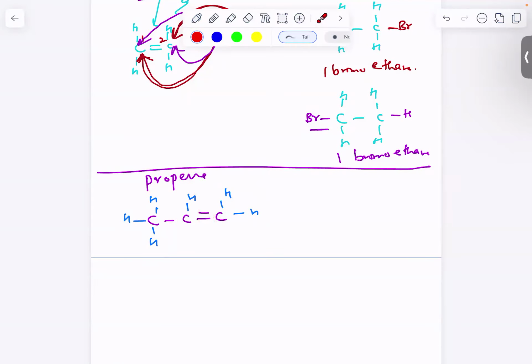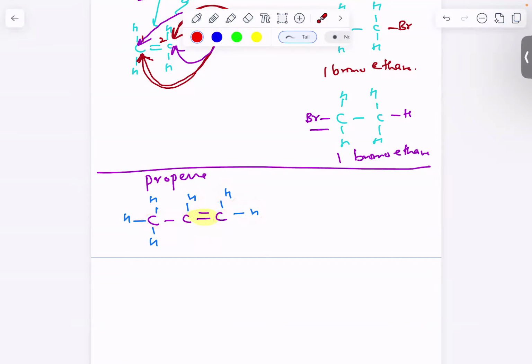If you check the valency of carbon for each atom, one, two, three, four, correct. Now come to the second carbon, one, two, three, four, correct. Now come to the third carbon, one, two, three, four, correct. Is it clear? Now, if you look at the double bond, around the double bond, this carbon has two hydrogens, and there are two carbons towards the other side, and this carbon has one hydrogen.